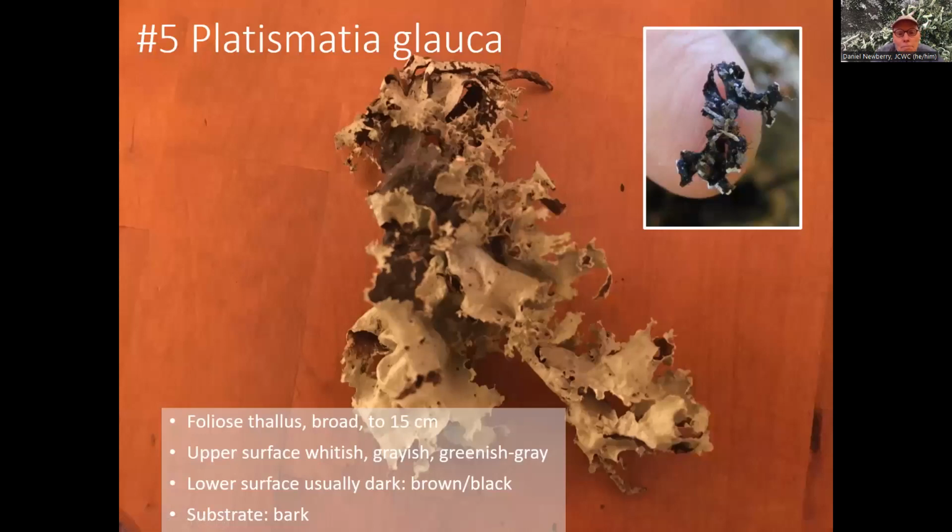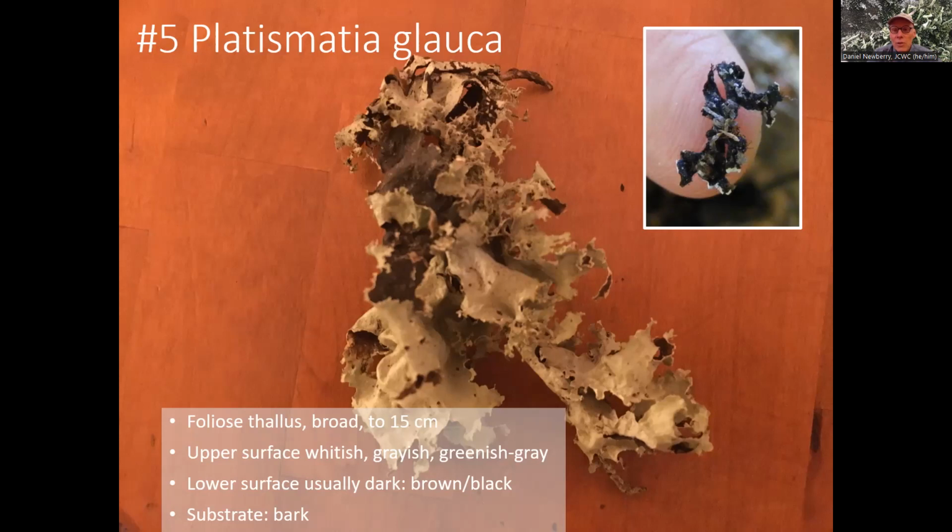You find these more in closed forests rather than out in the open. To me, they look like big sheets of paper that have been cut and kind of curled. You'll see in this photo, I also included a small picture of the reverse. This is very much like the Parmelia sulcata that we saw earlier.